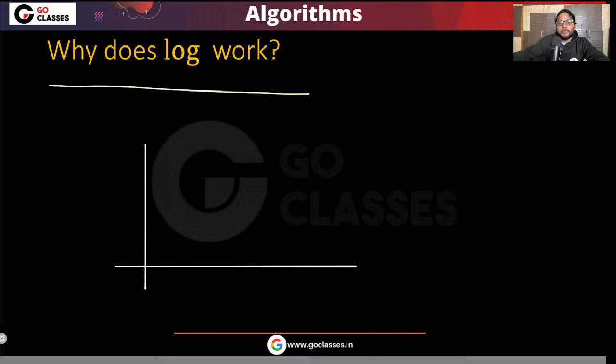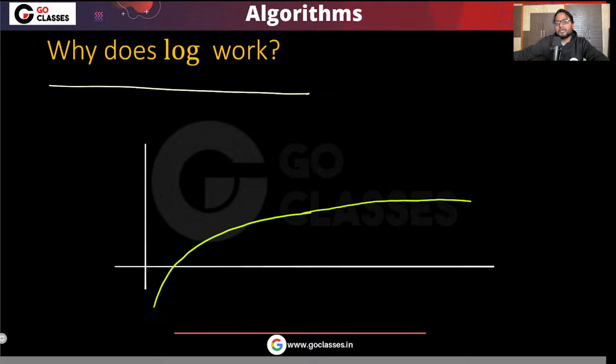Let's just see what a log function is. It is something like this, an increasing function. So log is definitely an increasing function. Let's just forget about asymptotic notations. Suppose this is some number, say 2 power 10, and this is 2 power 40.